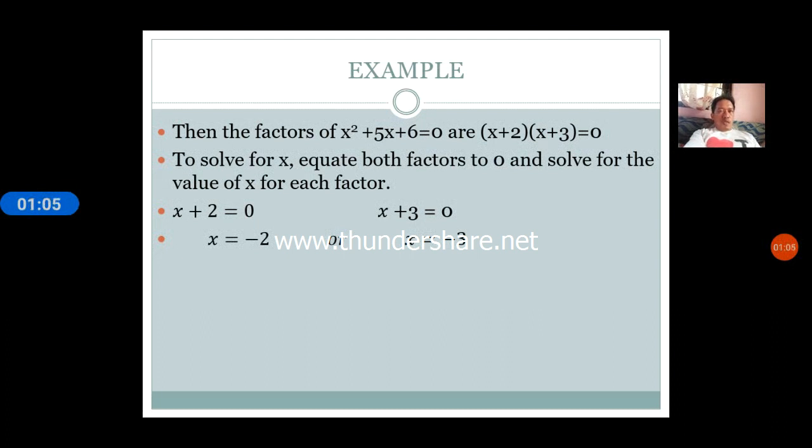Or we can also use what we call the transposition method, which is the process of transferring a term to the other side of the equation. Since positive 2 will be transferred to the other side of the equation, then positive 2 will become negative 2.